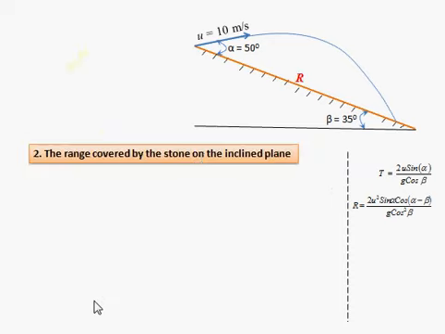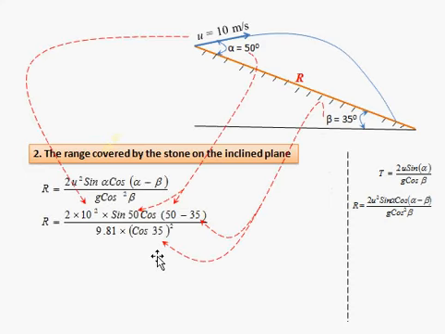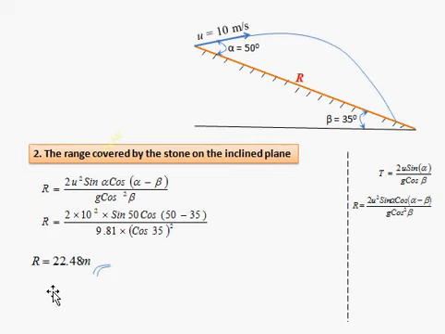The next question is about the range covered by the stone on the inclined plane. That is the distance, R is asked here. Of course, we know the formula for that. Utilizing that formula and taking the given data into consideration and calculating, we get R as 22.48 meters.